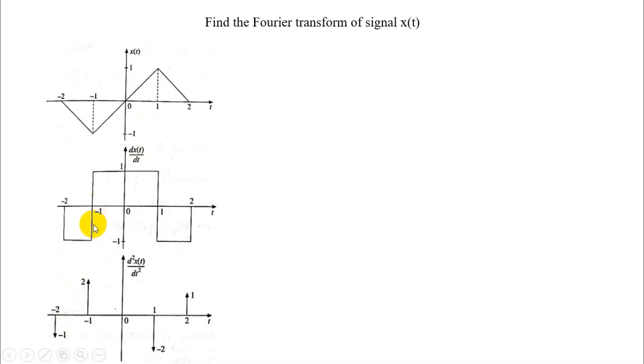For this portion, after differentiating, we will get an upward impulse. However, this portion will also generate an upward impulse. After summing up the two impulses at the same point, our magnitude will be doubled.